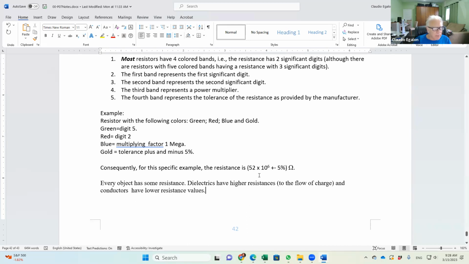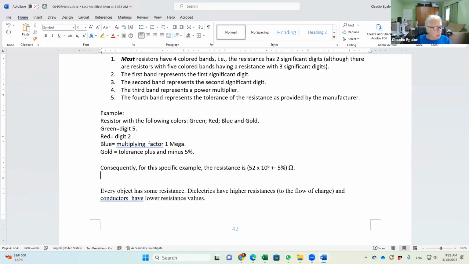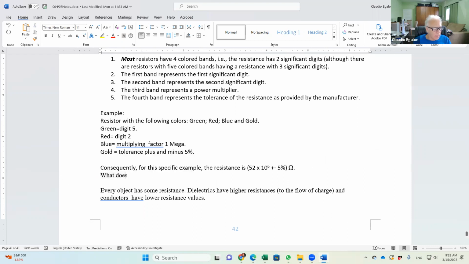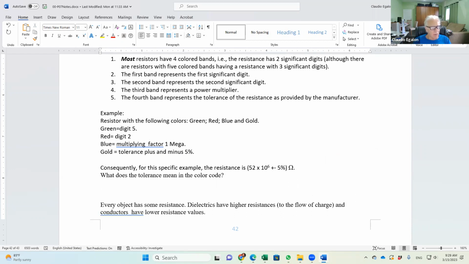Oh, and going back to the color code, right? Let's go back to the color code. What does plus and minus 5% mean? What does the tolerance mean in the color code? Okay, what does it mean? Well, it means the following.